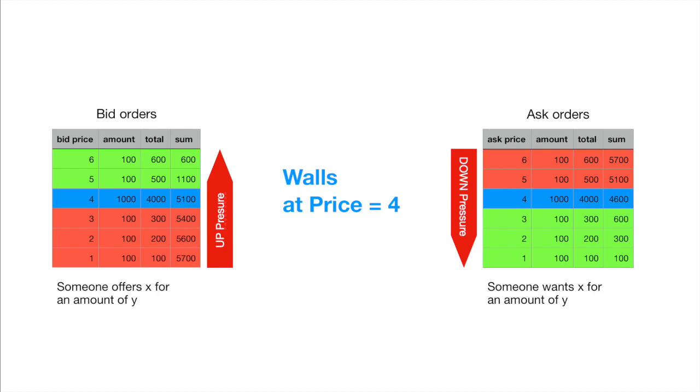And the buy wall is at 4, you need to offer 5 or 6 in order for your trade to be executed fast. So we have an upward pressure on the buy order or the bid order table. The bid or buy wall can only be overcome in this example if a buyer is willing to pay more than the 5,100 in the sum of all bid orders above the wall, including the wall.